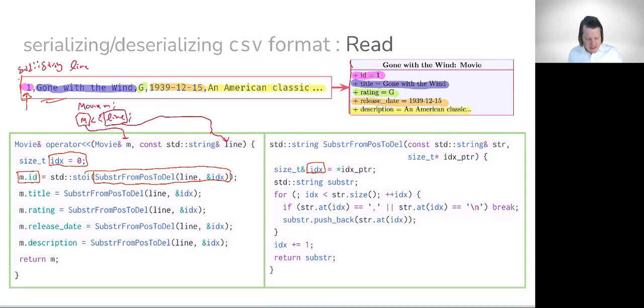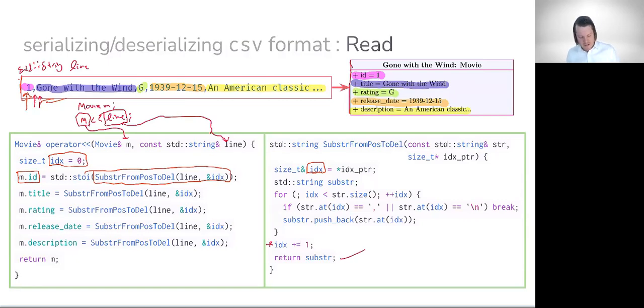So at the end of this first call to substring from position to delete, we have a substring storing the character 1. That means that when we hit this line, IDX is currently at the comma, and I'm going to push it forward into the next field, just out of convenience for the next time that I call this function, and then I'll return the substring.